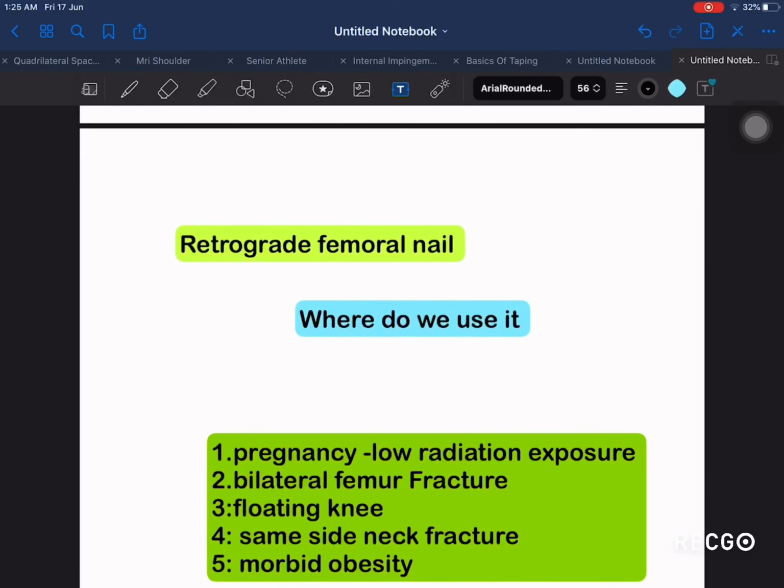And the last point I want to discuss here is about the retrograde femoral nail.